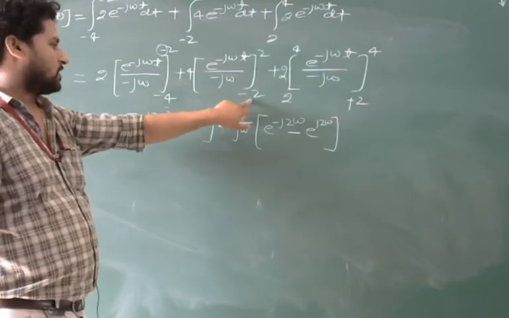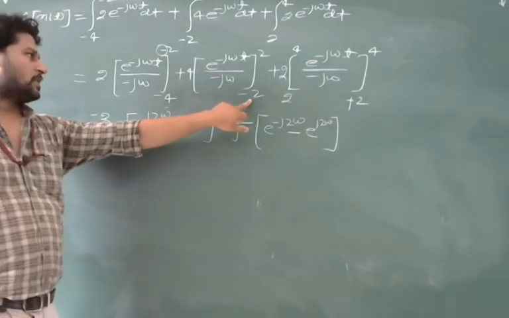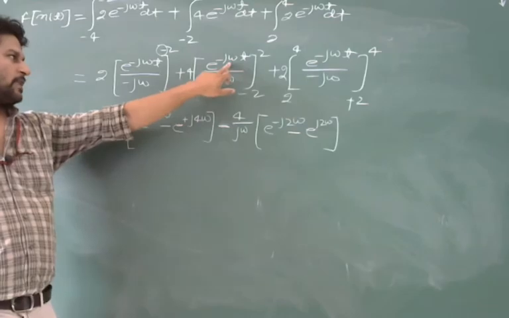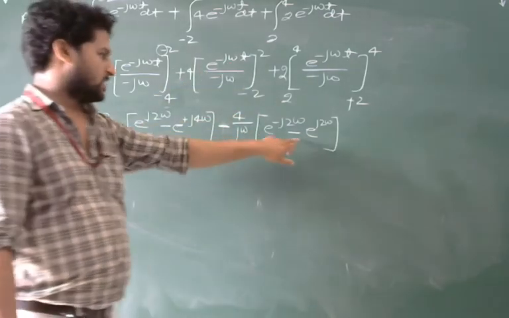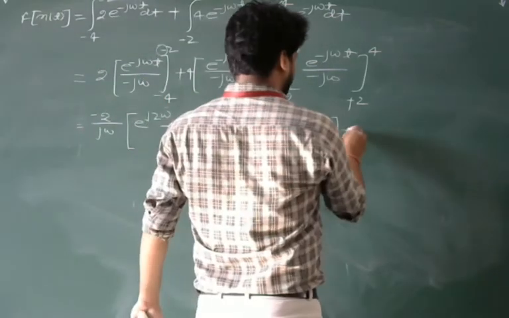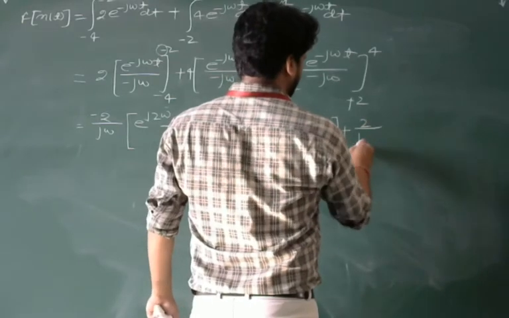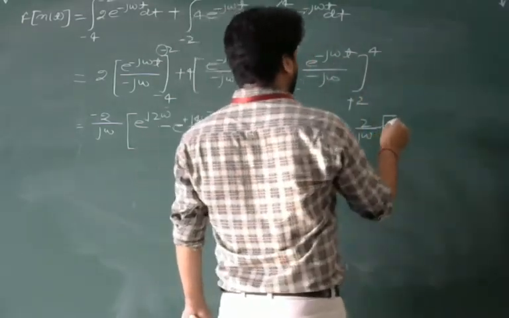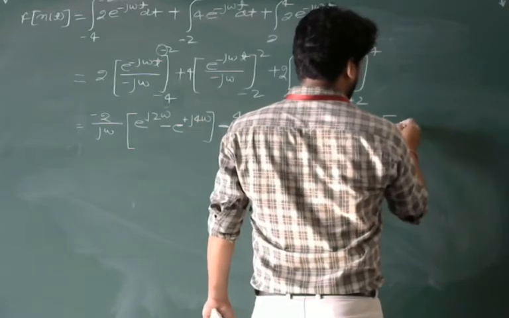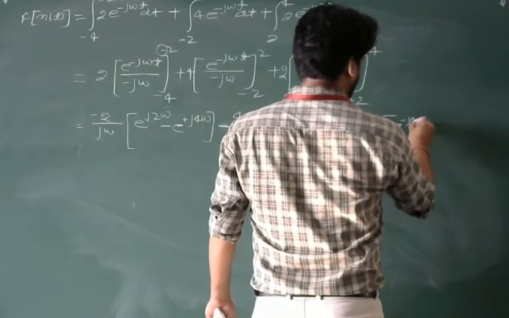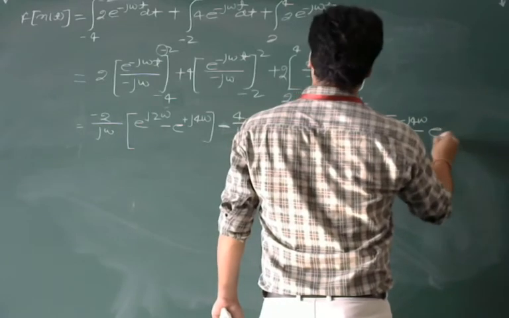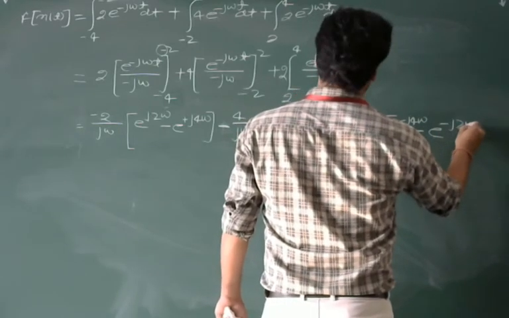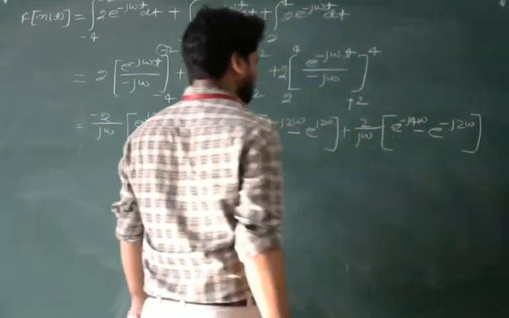When I will put t equal to minus 2, this will become e power plus 2j omega as it is written here. Now 2 by j omega into e power minus j4 omega minus e power minus j2 omega.